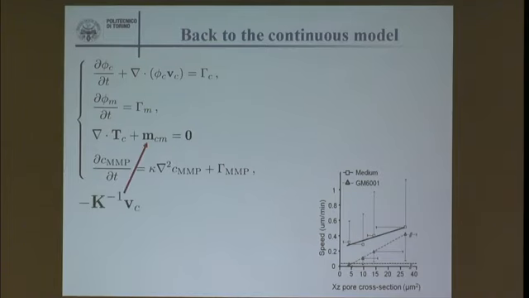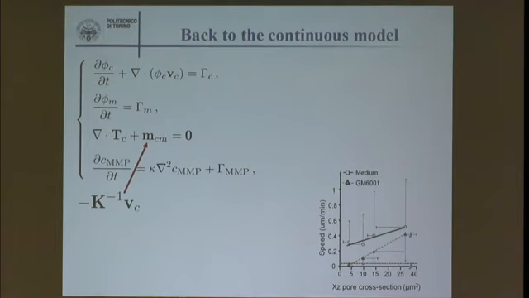Usually, what is done in this type of model is, let me just describe this equation a bit. This is the mass balance equation for the cell. You can forget about that, but this is the mass balance equation for the extracellular matrix. I will not consider that one in the simulation that I will show.